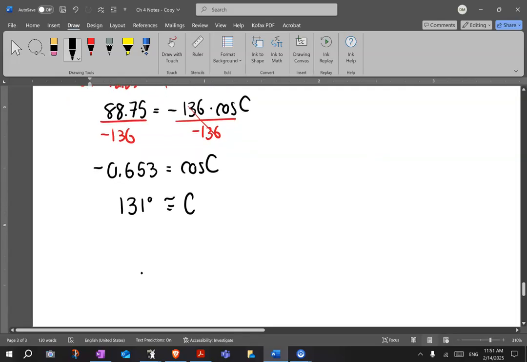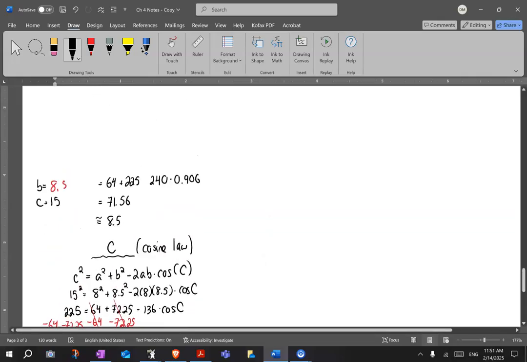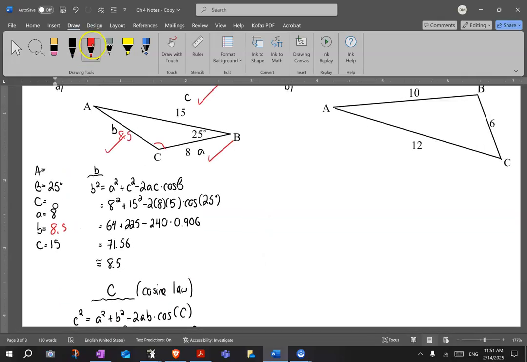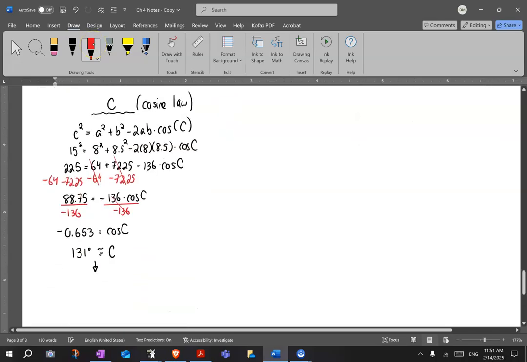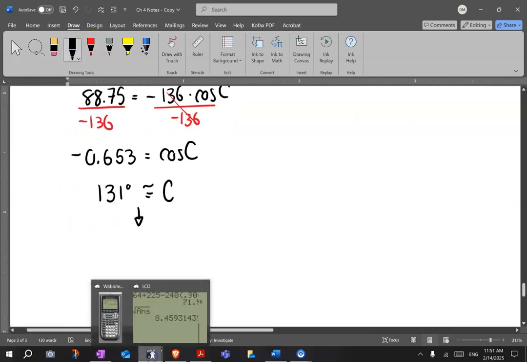And if that's 131, then we can find our missing angle. C is 131, approximately. So then I can find A, knowing 131 and 25. So bring up my calculator.